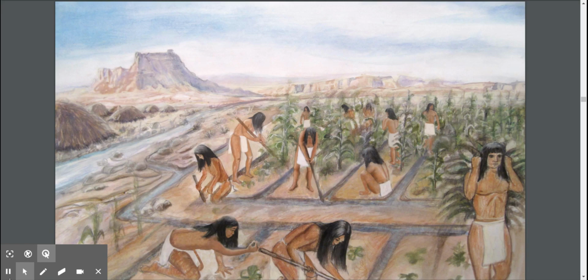Now that it was possible to grow crops more successfully, these native peoples became committed to the areas where their crops grew. As a result, they began to settle in one place. This meant that Southwestern native cultures began to develop and thrive. Some of these groups of people included the ancestral Pueblo, the Mogollon, and the Hohokam.